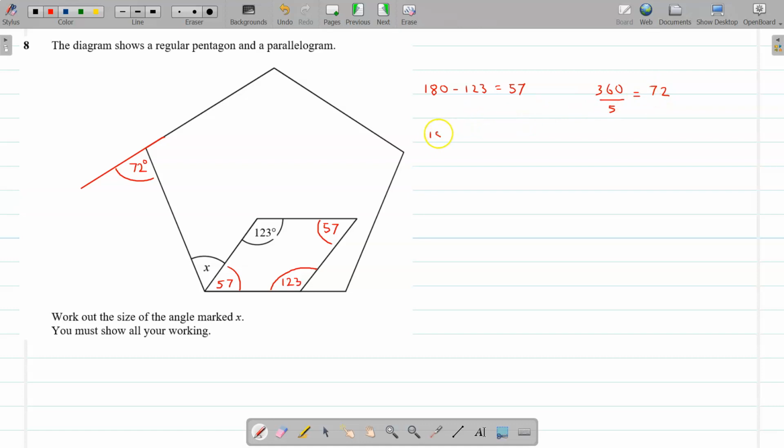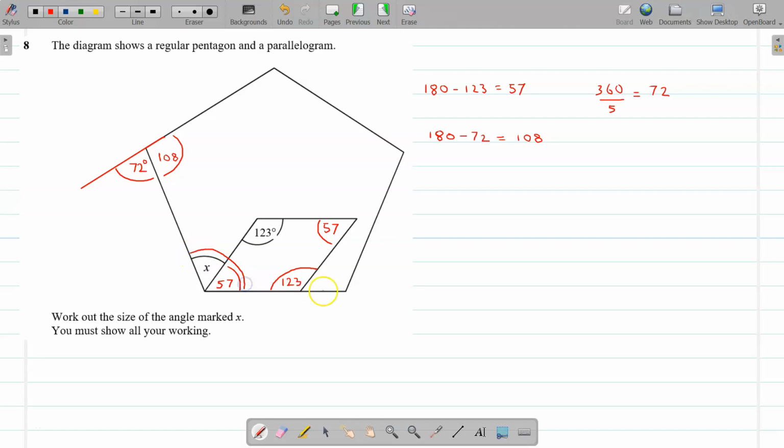And then if I take the 72 from 180, it gives me the angle inside the pentagon. So I subtract the 72, and that will give me the 108. Okay, so this is 108 because it's on a straight line. That's the interior angle, and so is this one here.